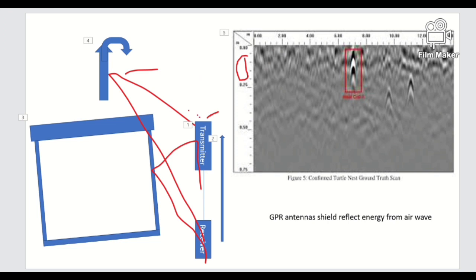After leaking, it reflects from the lamp post or any wall of the building, and it can be received by the receiver antenna. So at this time we remember the velocity of the wave, and it will give this type of image.